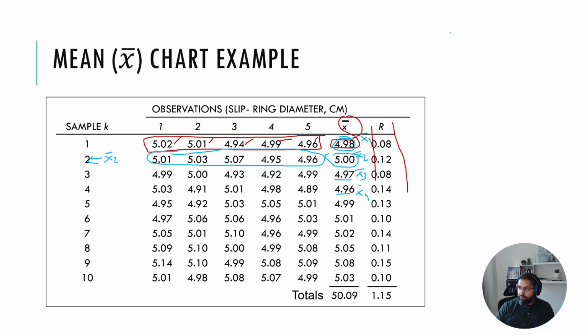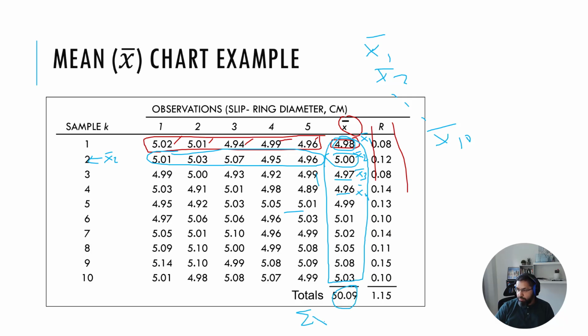So you got 10 X bar values. You got X bar 1, X bar 2, all the way down to X bar 10. You got 10 values right here. Then you can sum these 10 values.